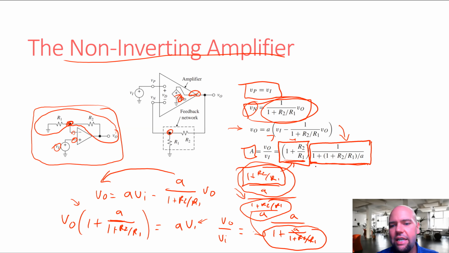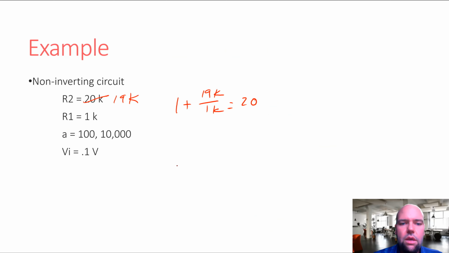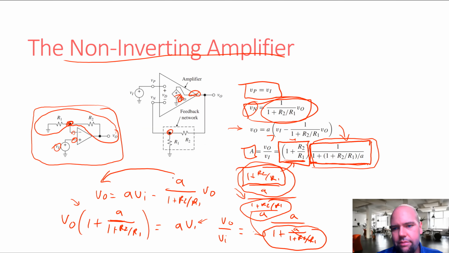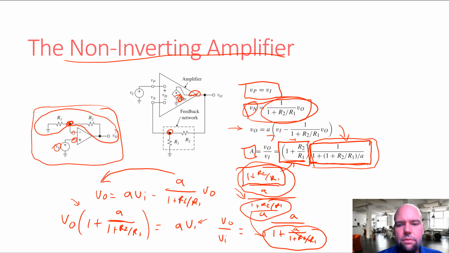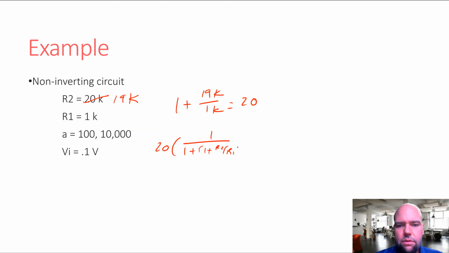It's going to be ideal gain times this little widget over here. So what is that? It's 20 times 1 over 1 plus R2 over R1 divided by A.